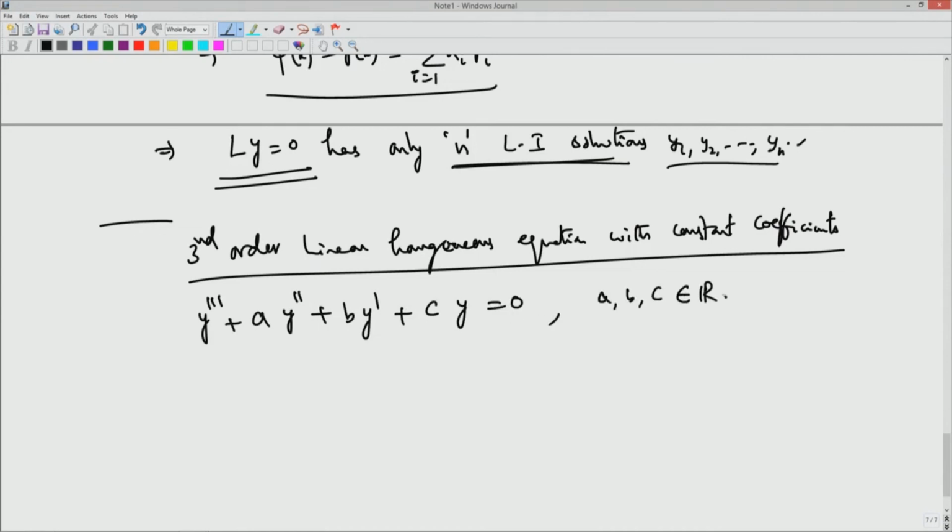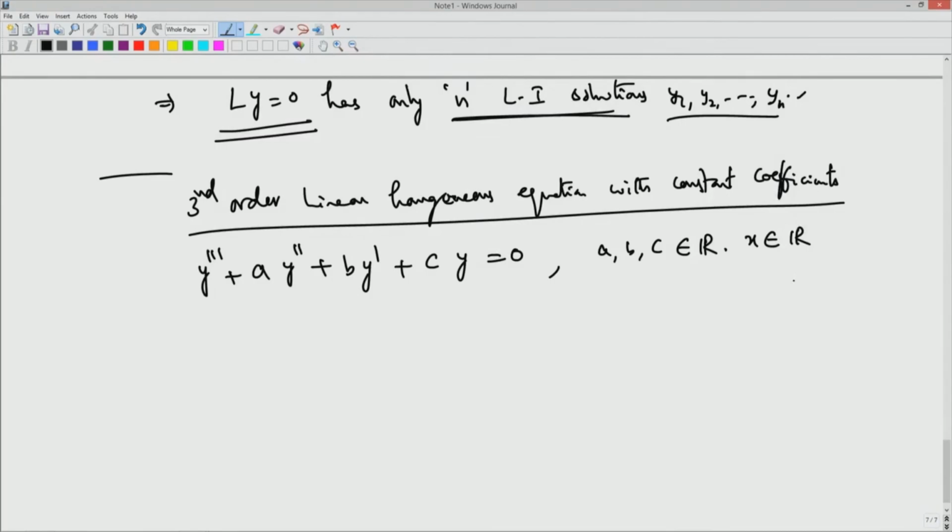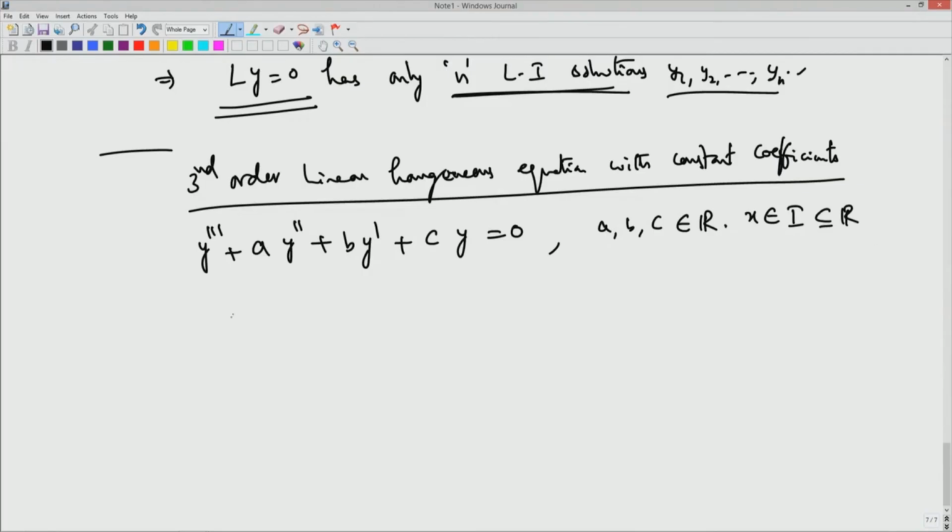If I is your domain, which is part of the real line, and a, b, c are constants, then again how do I find the solutions? Try e power lambda x, because the linear equation has solutions of this form, so you can check whether this is a solution.